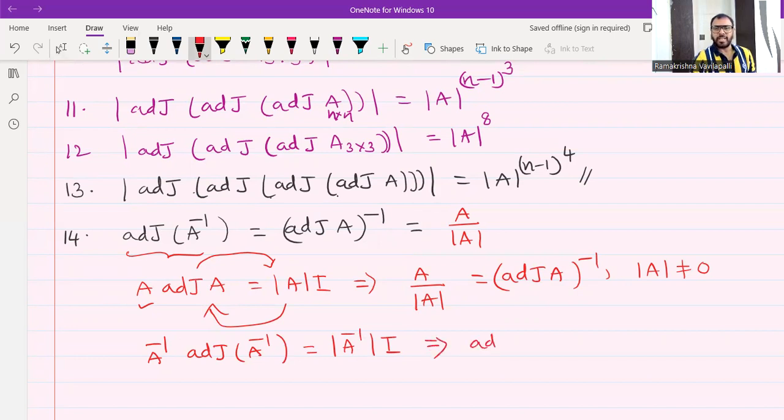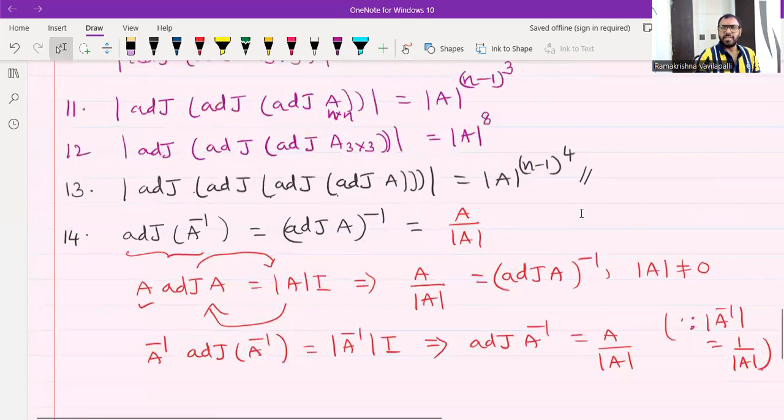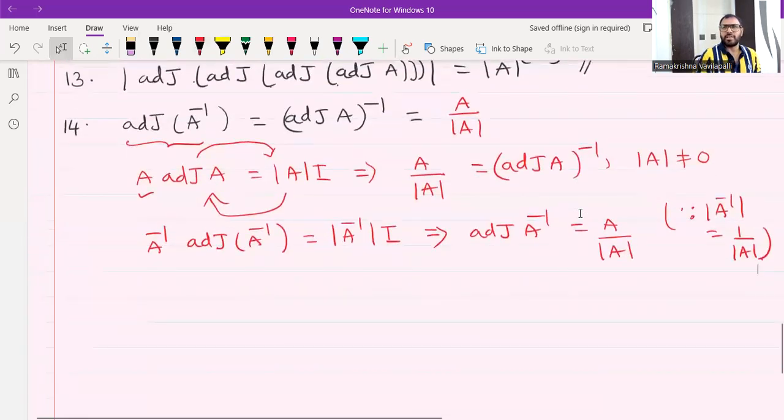You will get A adjoint of A inverse equal to A, and det of A inverse is 1 by det A. Since I am writing that determinant of A inverse equals 1 by det A. These are the most important, not only in JEE, in coming years this kind of important concepts will be repeated many number of times.